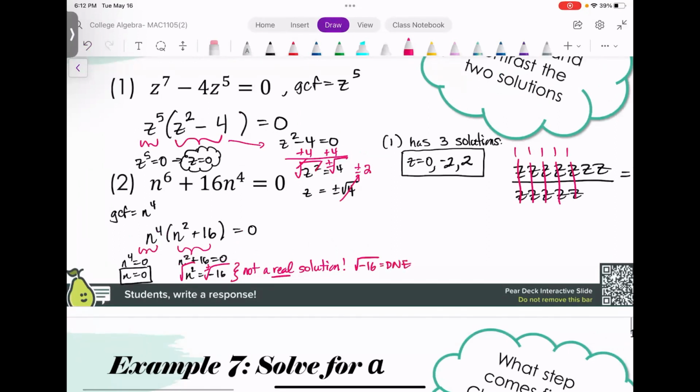It does not exist. There's no real solution. So the only solution is n equals 0.